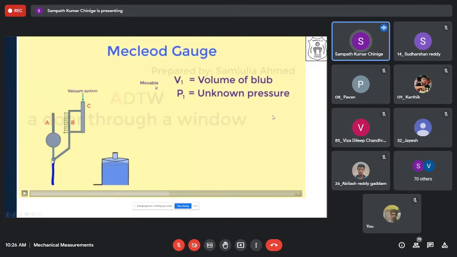Now you can see here, from A to E, the entrapped gas through the whole reservoir, this capillary tube as well as the bulb, is what makes my V1. The pressure here is my P1.